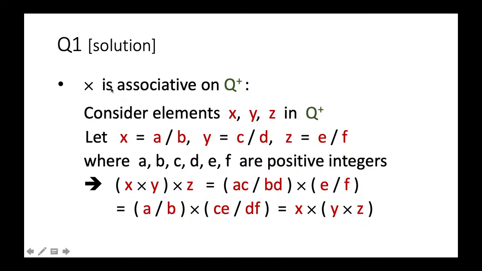Then, to show that it is associative, we compare the result of performing x times y first and then multiplying with z, or performing y multiplied with z first, and then having x multiply with the product. In any case, we will see that these two are exactly the same. They are all the same as ace divided by bdf. So multiplication has the associative property.